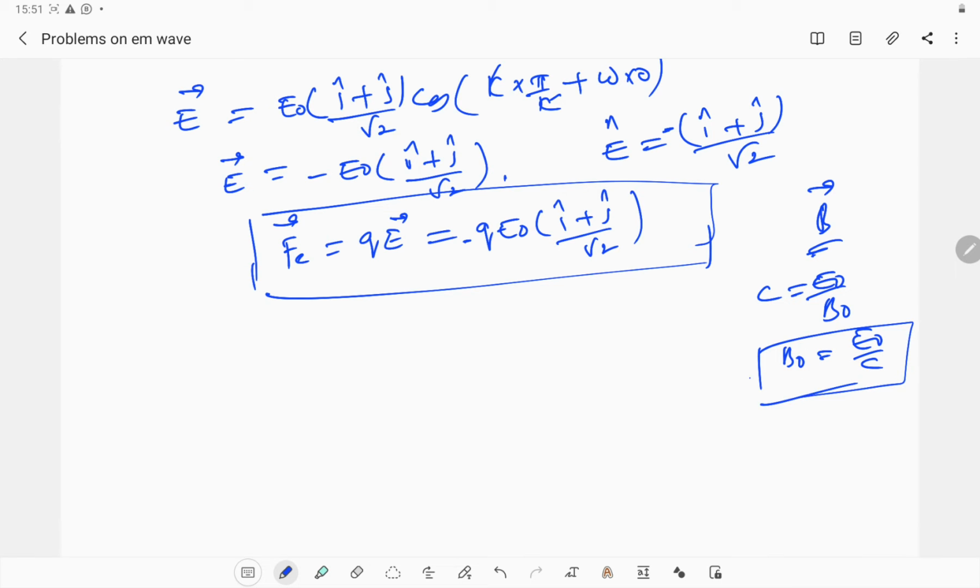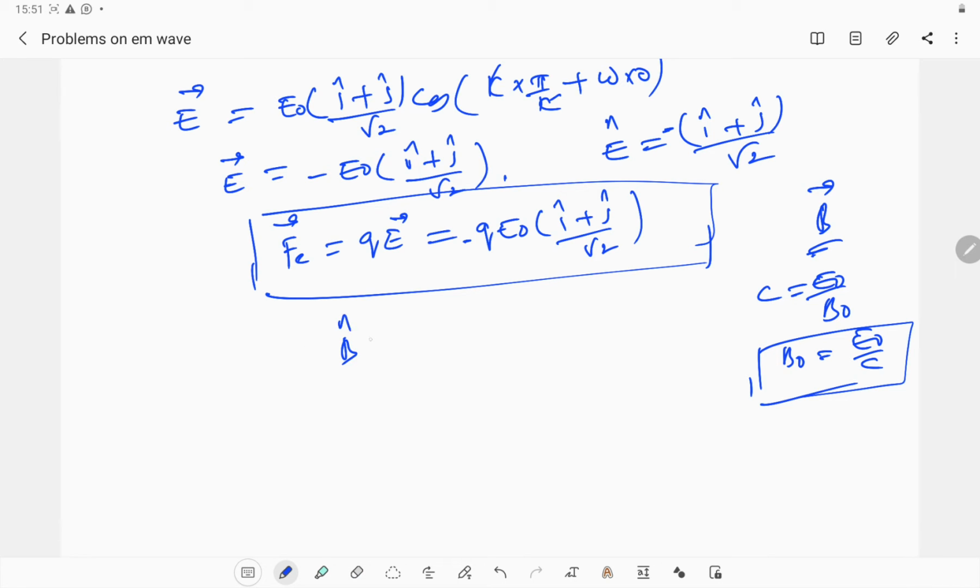This is the amplitude. Next, we have to find the direction B cap.